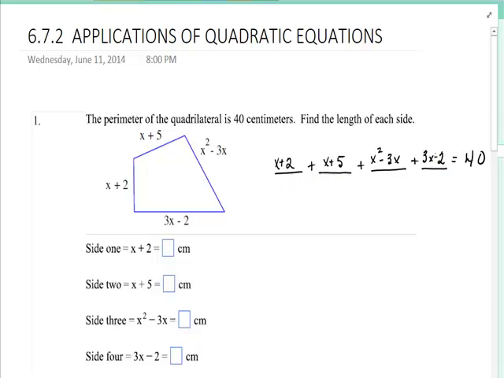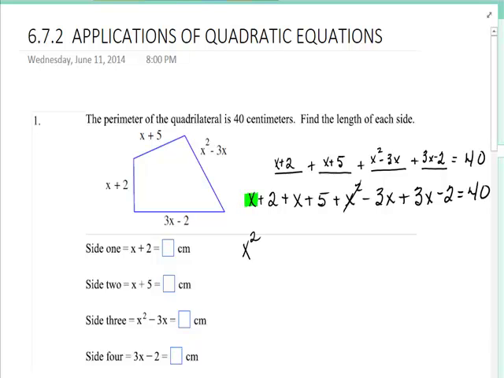I have many like terms. I'm going to get rid of those little lines. I have just x plus 2 plus x plus 5 plus x squared minus 3x plus 3x minus 2 is 40. I'm going to combine like terms over here on the left, and I'm going to put the x squared first. X's.